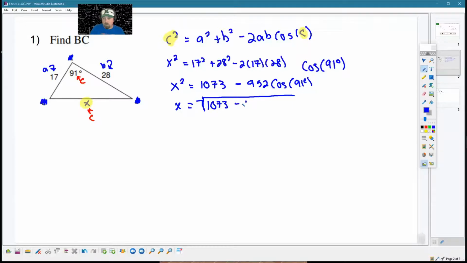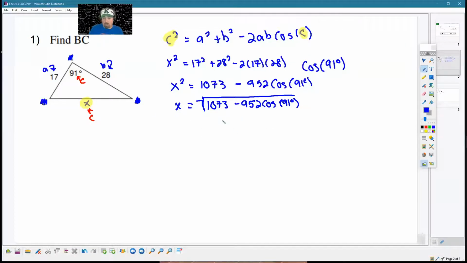Do be cautious to preserve your accuracy until the very end. So we're not going to pull any of these numbers out of the calculator or round them. So let's plug this in. We're going to go 952 cosine of 91. Remember to be in degrees, folks. Double check myself. And then we're going to go 1073 minus that answer. And I get 1089.61-ish.